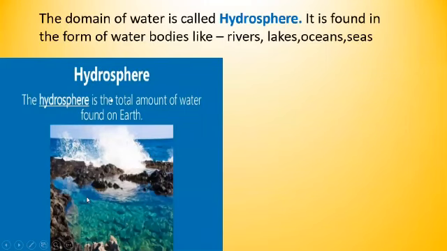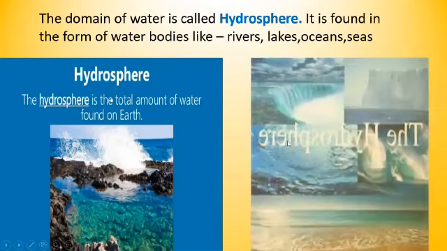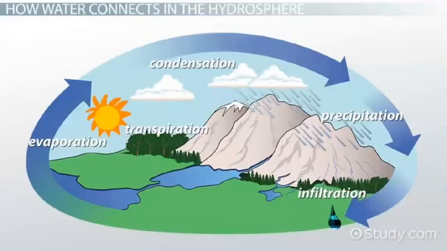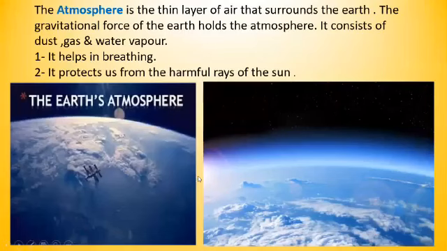Second, the natural environment includes the hydrosphere. The domain of water is called hydrosphere. It is found in the forms of water bodies like rivers, glaciers, lakes, oceans, and seas. This is also another part of hydrosphere: how we get condensation, evaporation, precipitation. The next group, the third part of the natural environment, is the atmosphere.